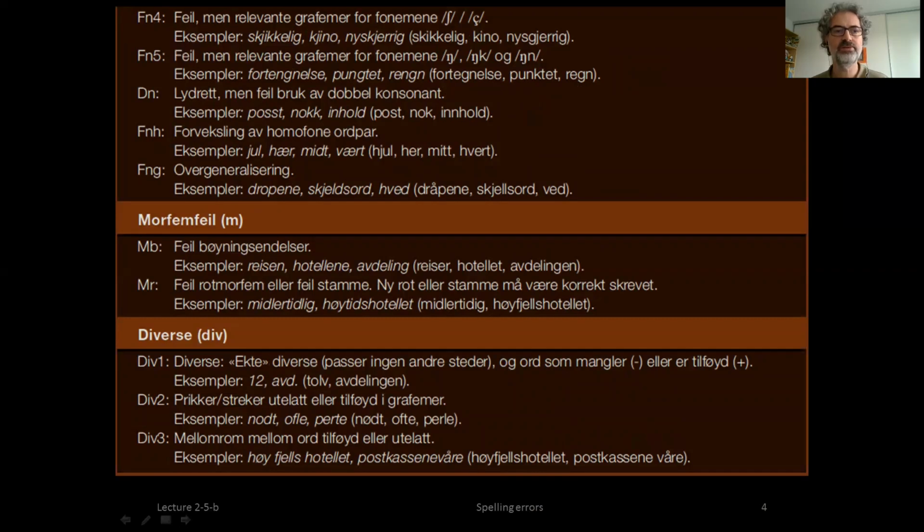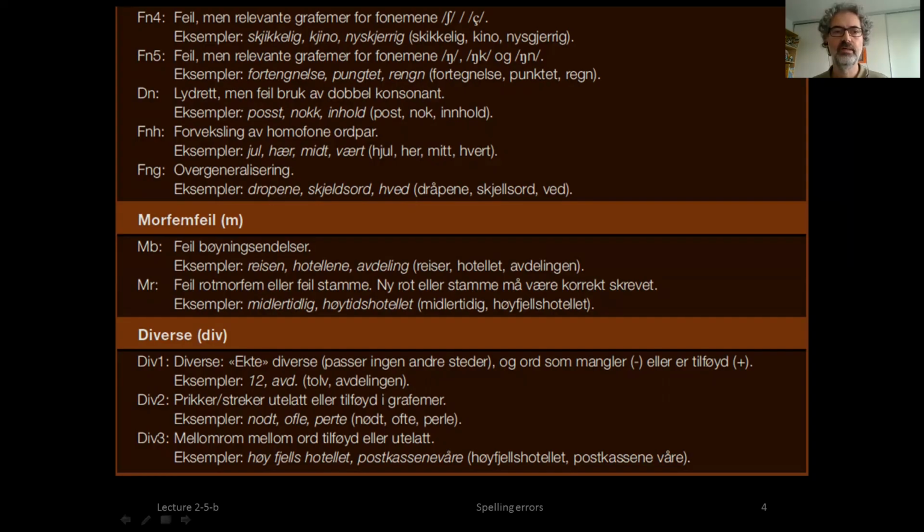Note that there is also a double consonant category here, and the important difference is that these kinds of double consonant misuse do not result in incorrect pronunciation. So there are either exceptions or other kinds of consonant doubling that do not belong to the previous category.